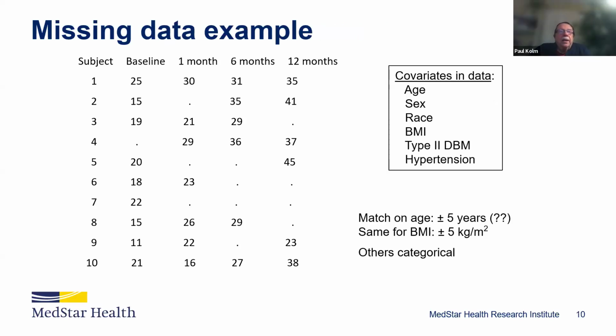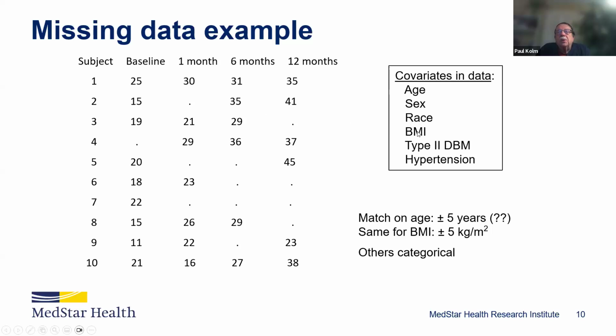So with the same data here, let's say that we have some covariates in the data like age, sex, race, BMI, type 2 diabetes, and hypertension. If we do what I call hot deck imputation, then for each of these missing ones, we want to find another patient that has data for 1 month, but we're going to match on these variables.